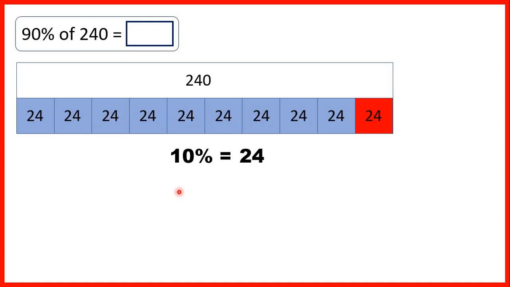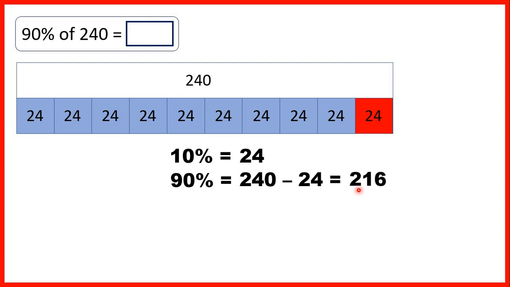But we need to find 90%. Now there are different ways that we can do this. If we know that this 10% is 24, then to find 90%, we can just subtract 24 from our total quantity, and 240 minus 24 is 216.